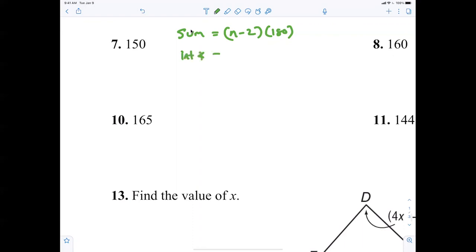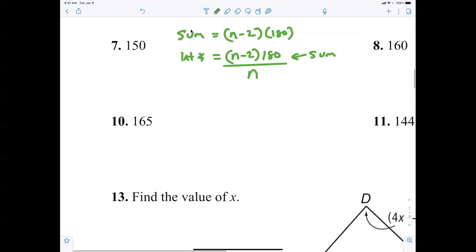No, this is the sum formula. I want to know each interior angle. Each interior angle will be n minus 2 times 180 divided by what? Divided by the number of angles, right?